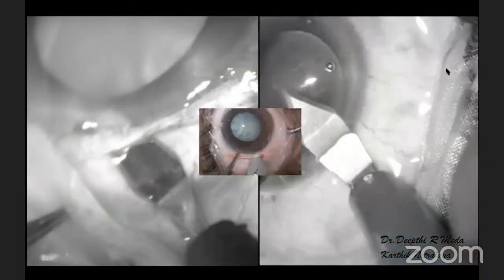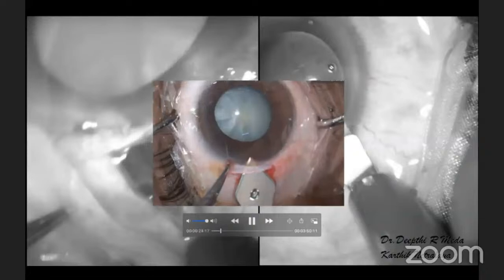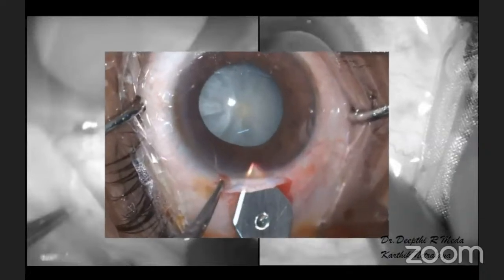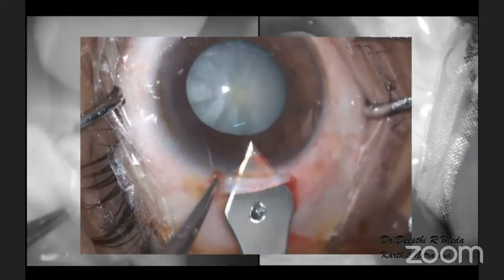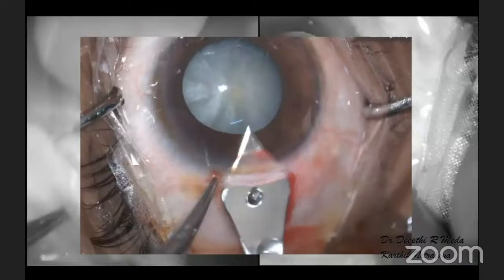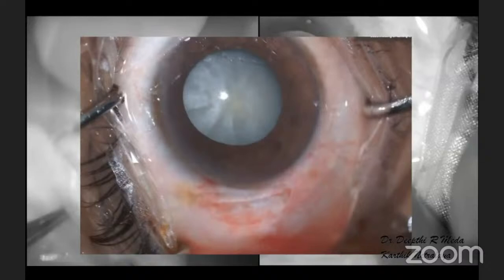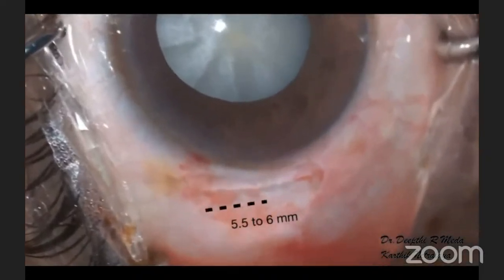But today what we perform in these cases is the technique of phacosection, which is a good balance of both the techniques. It has the small incision and lower SIA advantage of phacoemulsification and the manual, machine-free, phaco-energy-free advantage of the conventional SICS. This is the 5.5 to 6 mm incision in a typical phacosection.